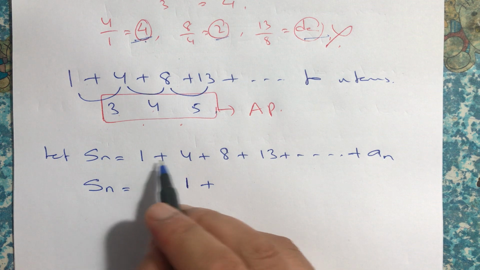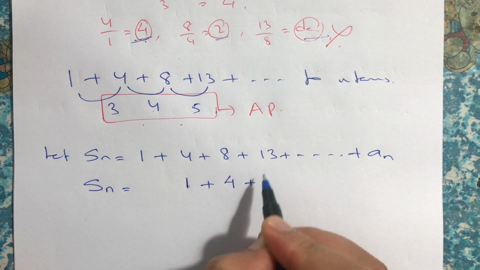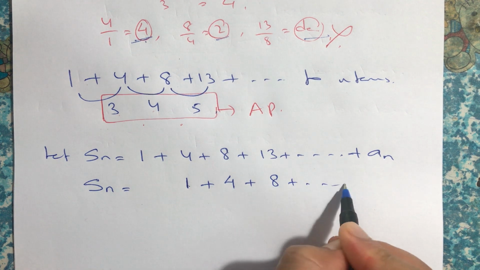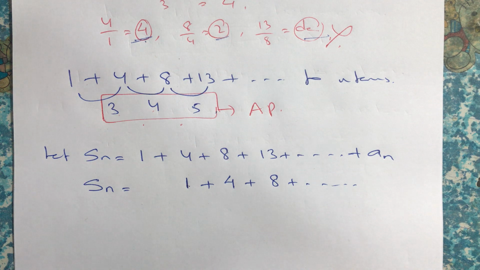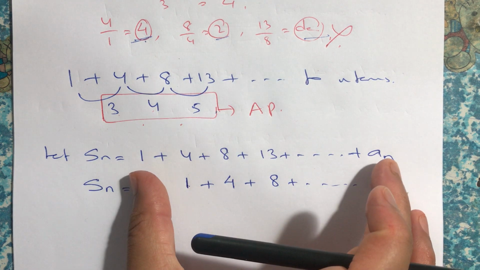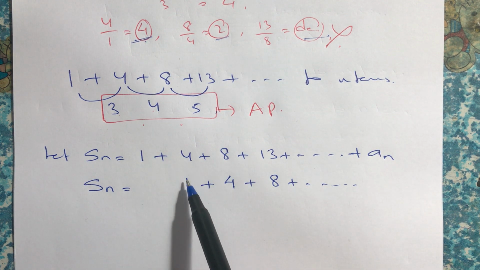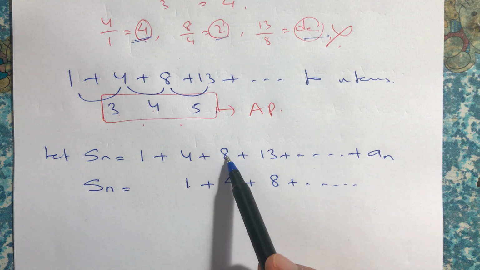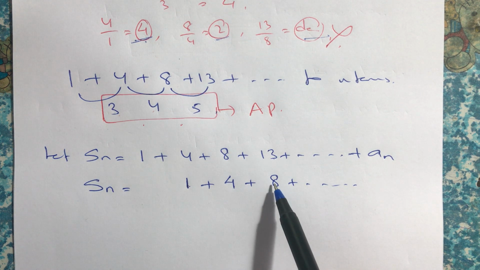So if the 1 has come underneath 4, then 4 will come underneath 8, and 8 will come underneath 13, like that. We have n terms. So what does the nth term mean? If I'm shifting one place towards the right, underneath the second term we are getting the first term, underneath the third term we are getting the second term, and underneath the fourth term we are getting the third term.